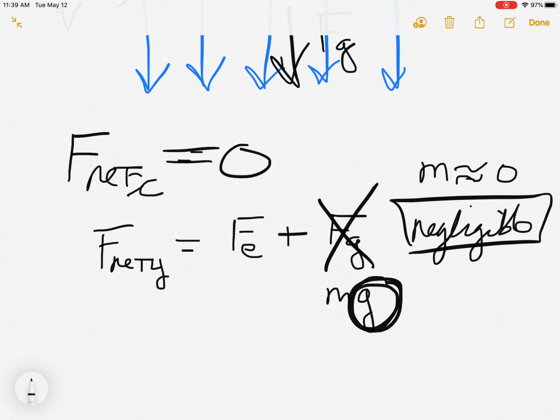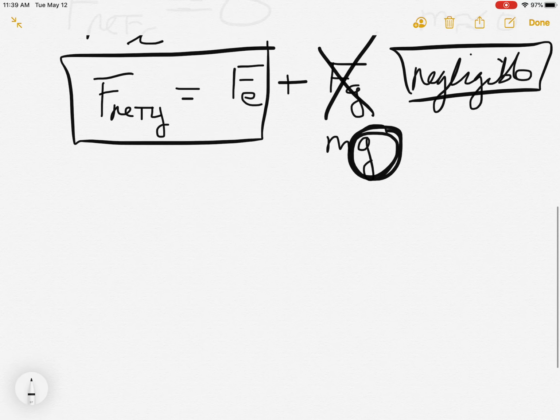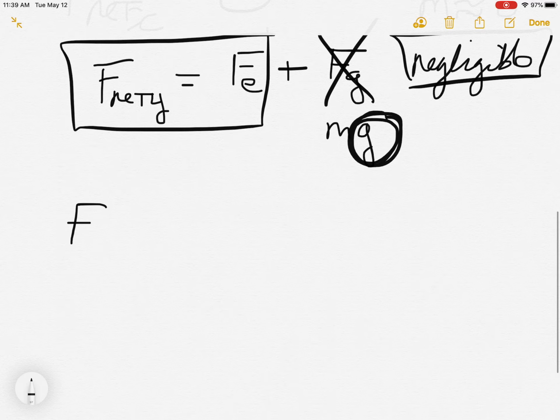The amount would be so small that it wouldn't make a difference. The reason I know this is true is because if you look at the answers, there's no G anywhere in any of those equations. So if we were to include mg here, this G would show up somewhere. So that's the first hint, the fact that they're not considering gravity, which makes your life much easier because now you've just got this situation for F net y.